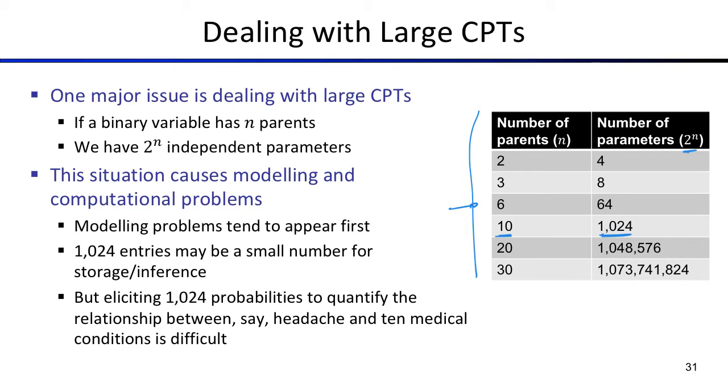So the problem here is that we have two phases, right? We have the modeling issue and we have the computational issue. The modeling issue tends to appear first because when we are creating the Bayesian network, I'm going to try to fill in the tables with numbers. We'll have to find some way to find out these 1,000 different probabilities for 1,000 possible combinations of those variables.